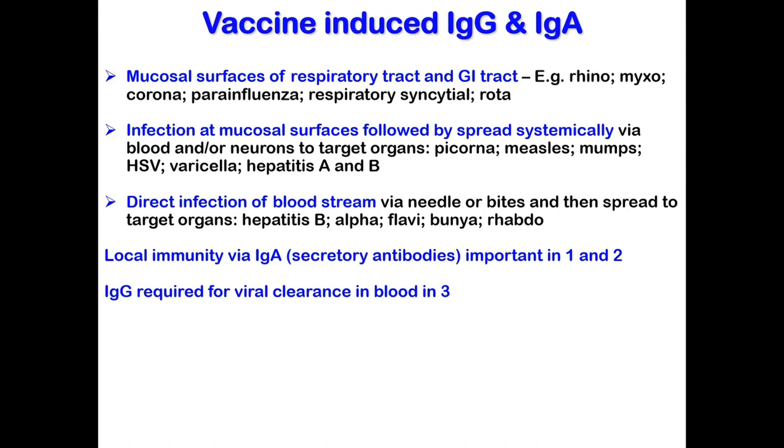So therefore, a number of mucosal vaccines have been developed, and mucosal vaccination involves the administration of vaccines at one or more mucosal sites, leading to induction of immune responses at the mucosal site of administration, other mucosal sites, and or systemically.